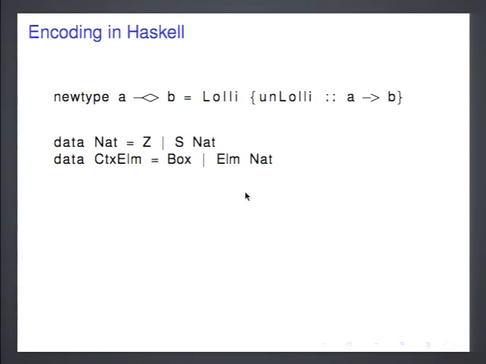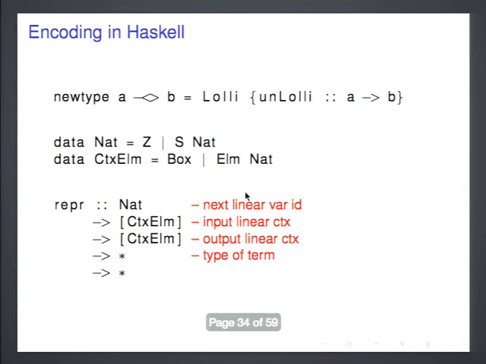And these are going to be lifted into the type level, right? So then my representation for terms is going to have on it some number, which is the next name for a linear variable, and then the input linear context, and the output linear context, and then the type of the term that's being represented, right?